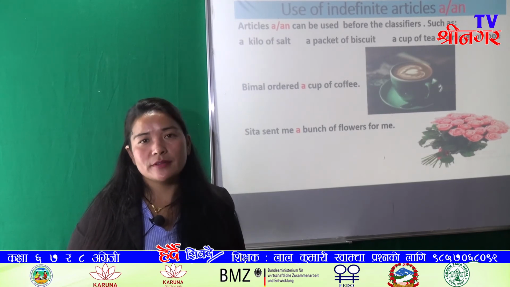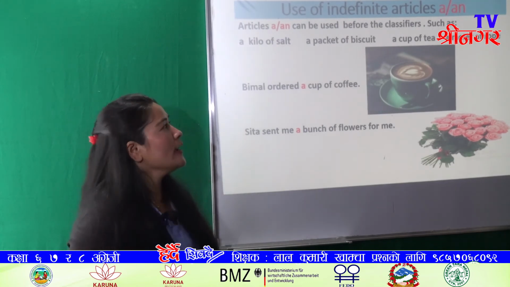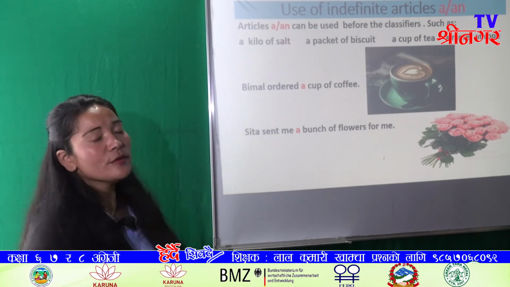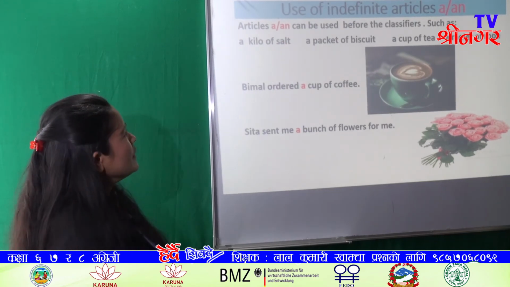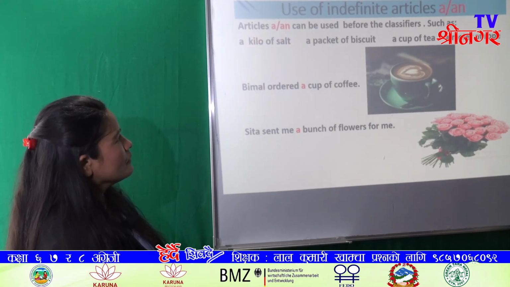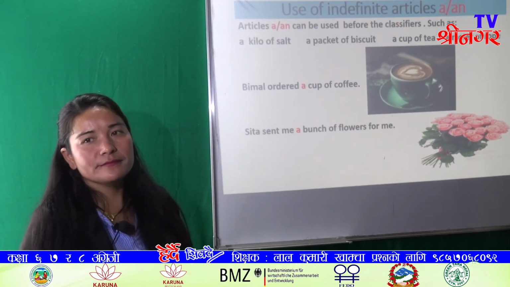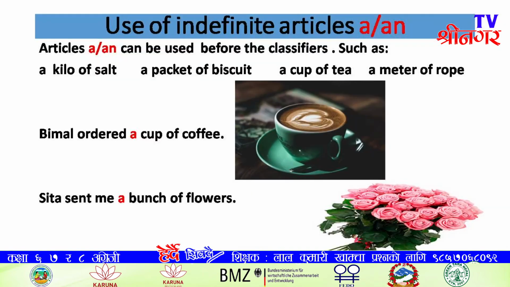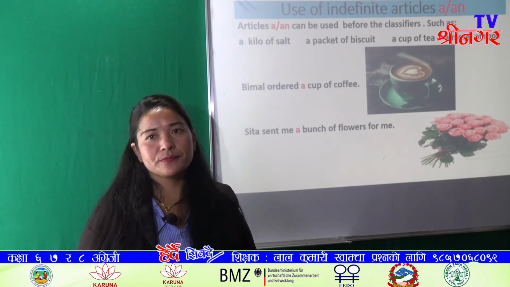Here salt is an uncountable noun, but we use a before kilo because it is a classifier. Here kilo is a classifier, and packet, cup, meter, these words are classifiers. So before a classifier, article a or an can be used.